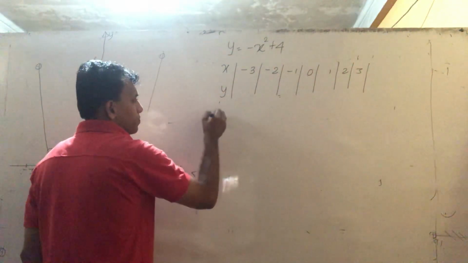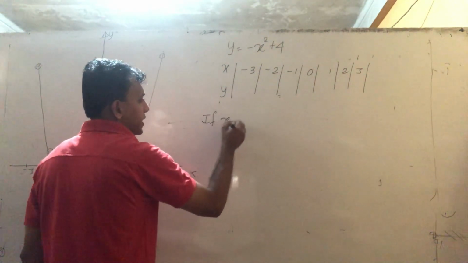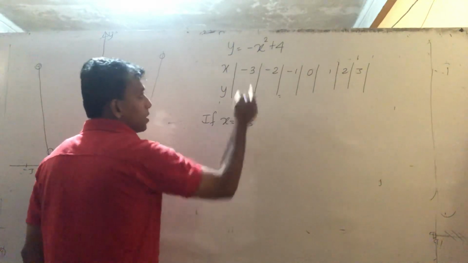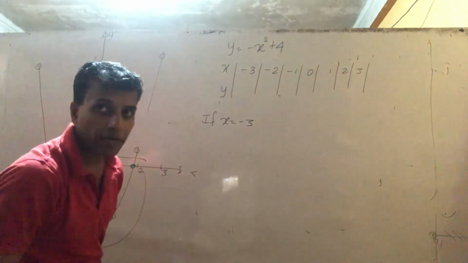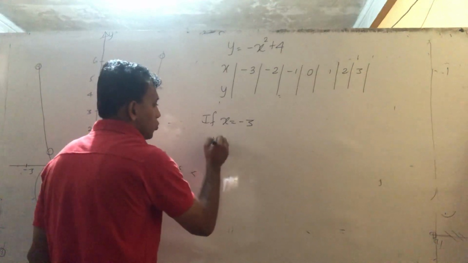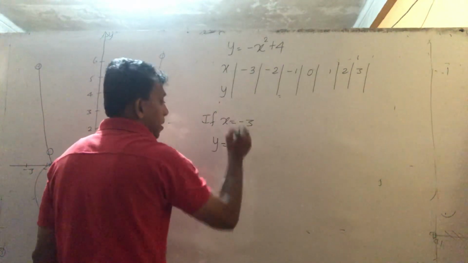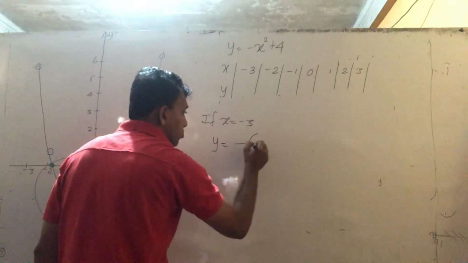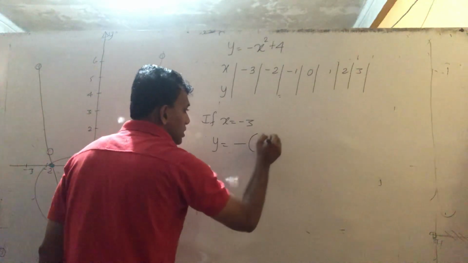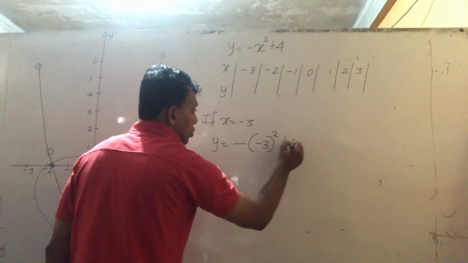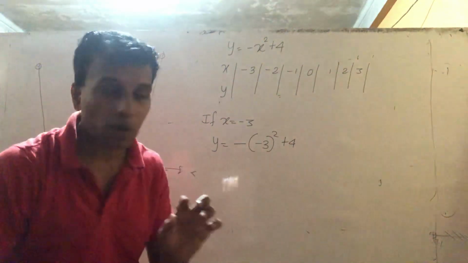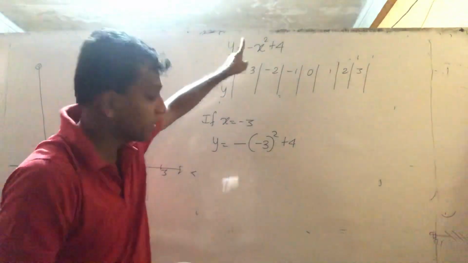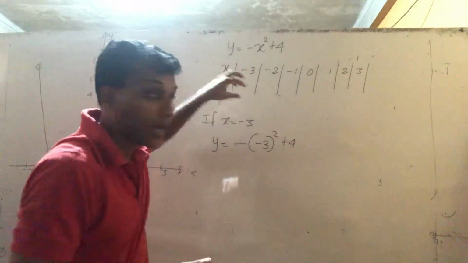So if x equal -3, what is y? y equal minus x, for x minus 3 square, plus 4. Show it properly as it is. Here there's a minus, x for minus 3.